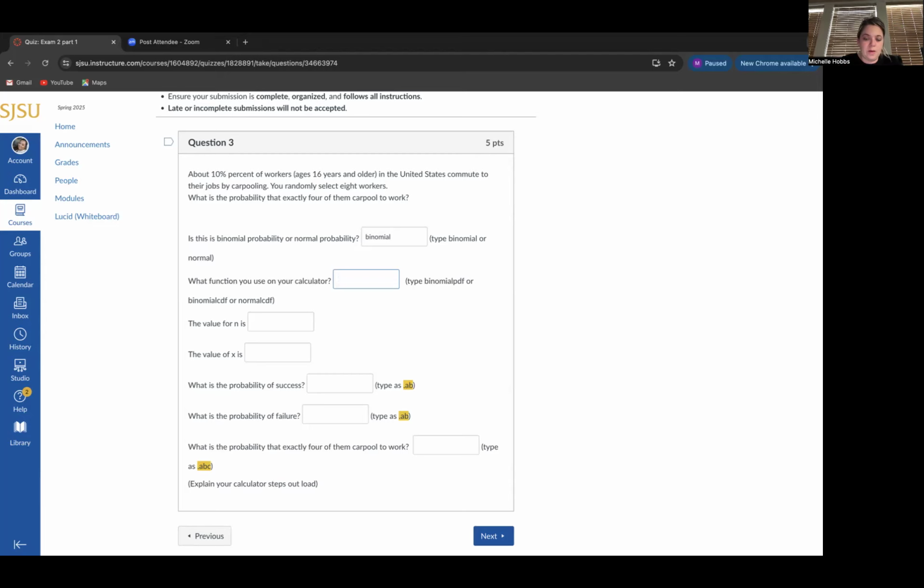So let me type that. Binomial PDF. And working with my calculator. The value for n, exactly.